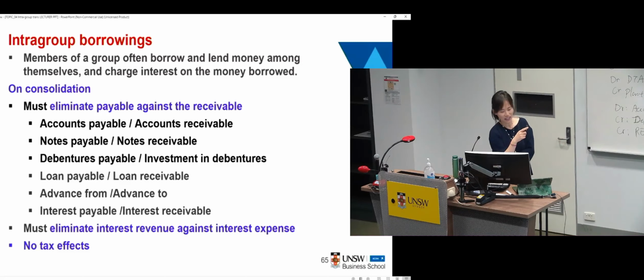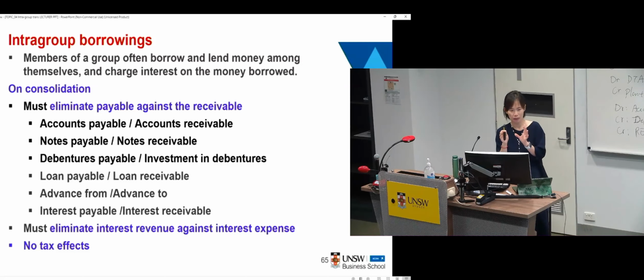All right, now let's look at the intragroup borrowings. You can see it's very common for members in the group to lend and borrow money to each other and charge interest. On the consolidation worksheet, it's necessary to eliminate all the intragroup borrowings, right? For example, payable and receivable, including loan payable, loan receivable, debenture payable, investment in debenture.